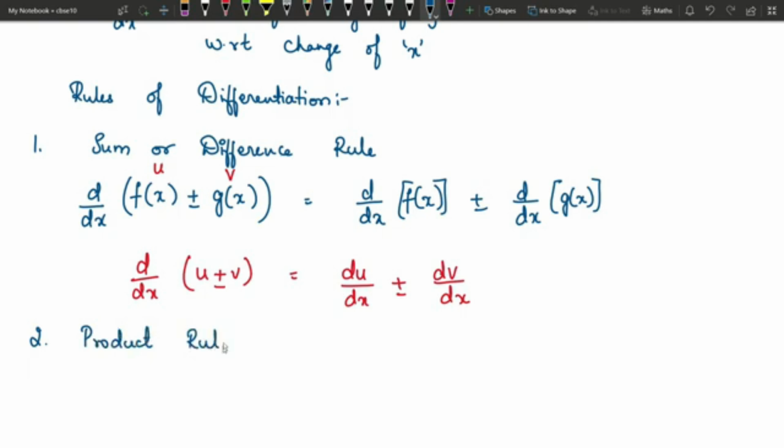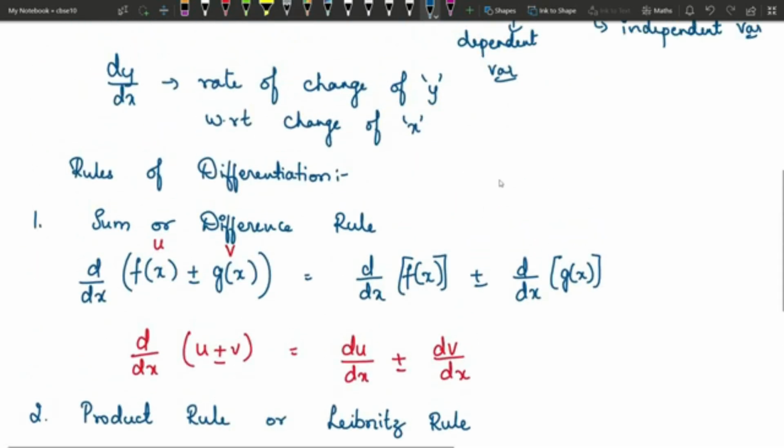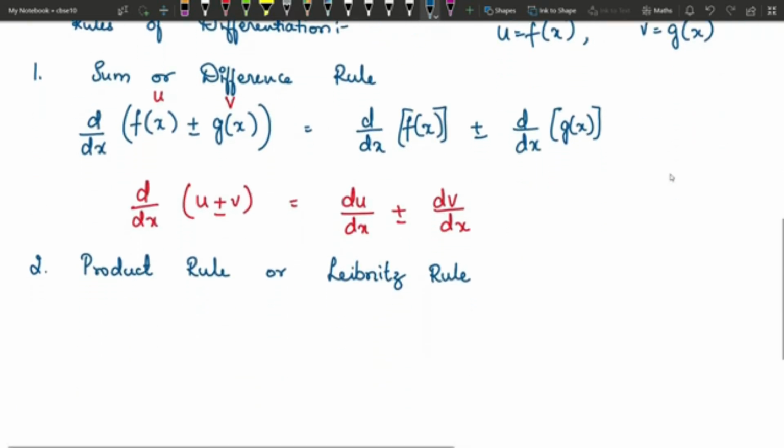Product rule is also called Leibniz rule, Leibniz theorem or Leibniz rule. As per this, if you have two functions u and v, so let us assume u is f of x and v is g of x, to reduce the things that we write.